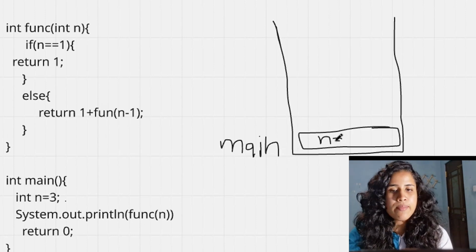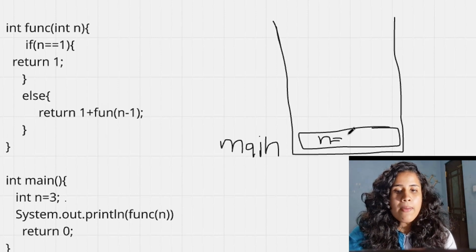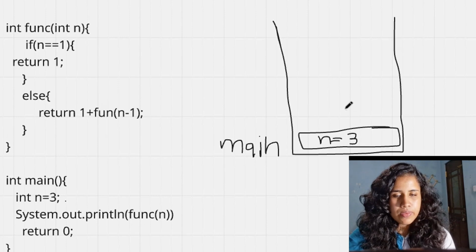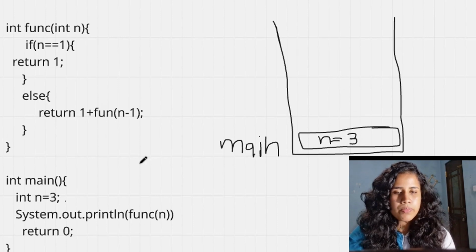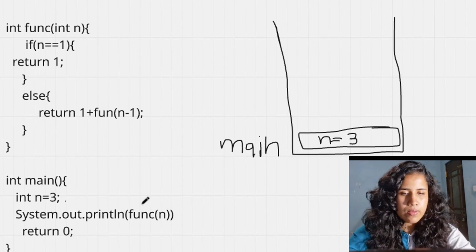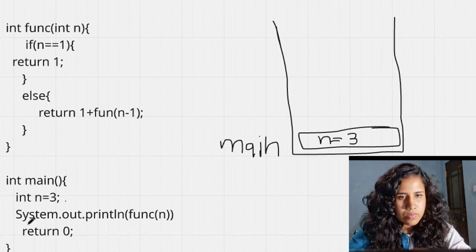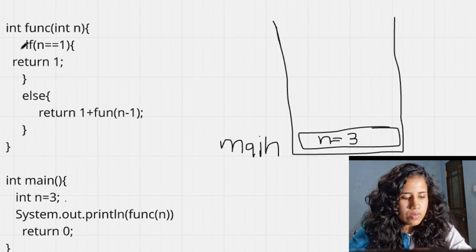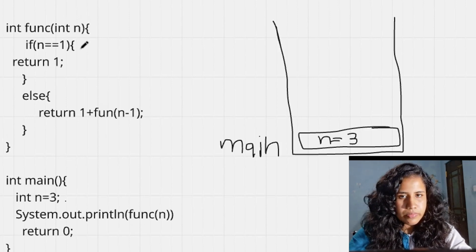You can see here in the main function, we are passing the argument n, which is assigned 3. So we'll start from here. In the main, n is 3.